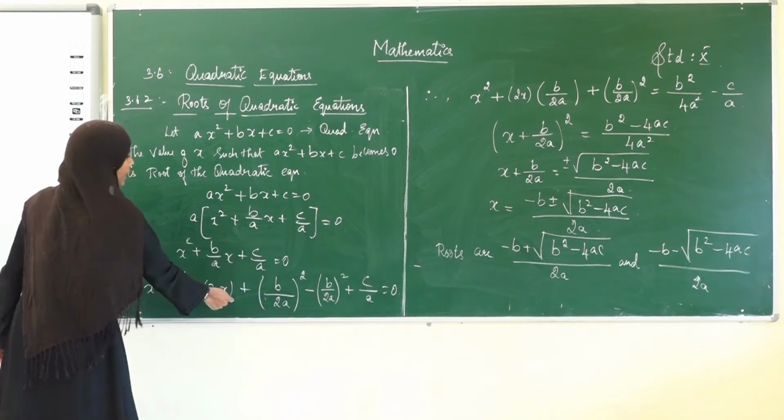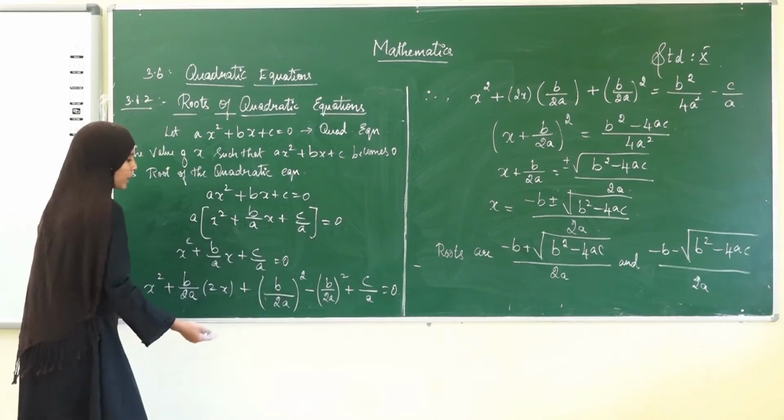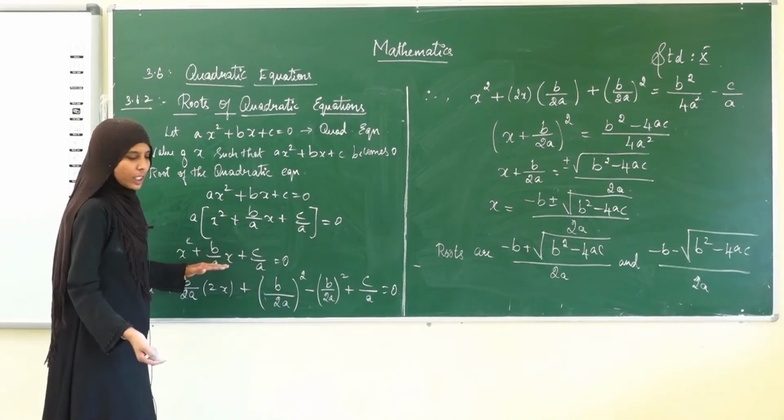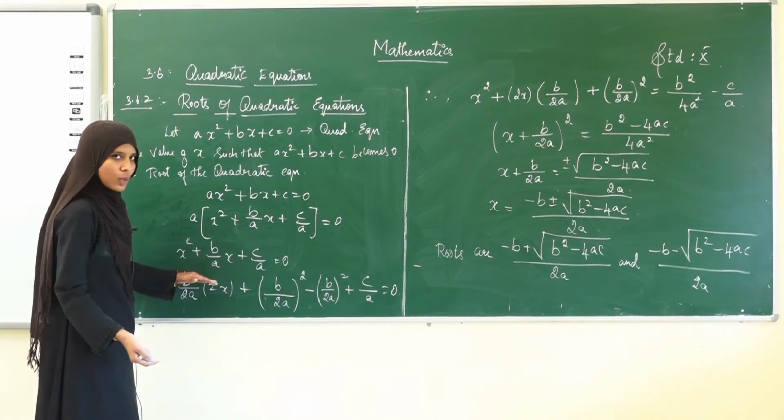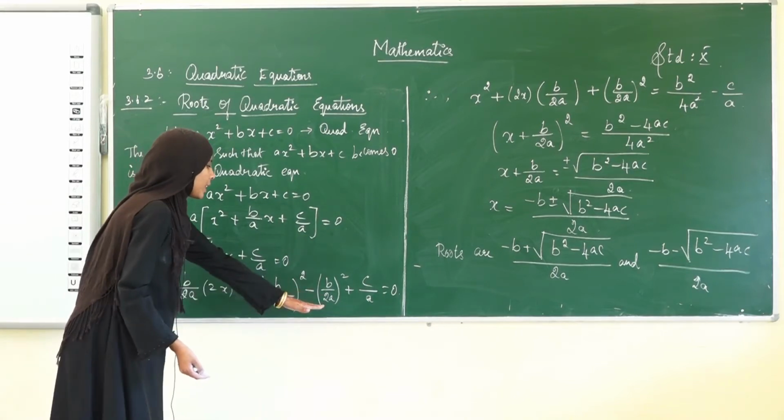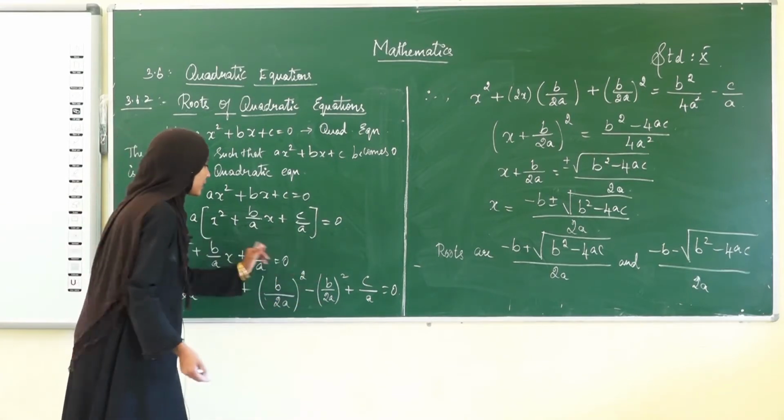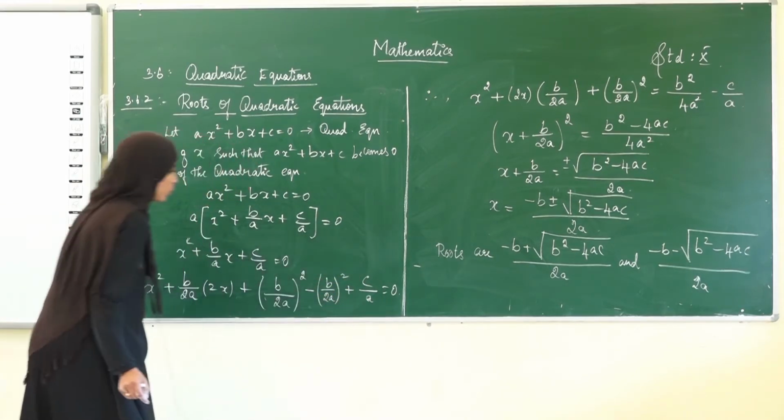We are both adding and subtracting this term, which means it doesn't give any change to this expression, right? Therefore, we are subtracting and adding the same term, plus this term c divided by a is equal to 0.